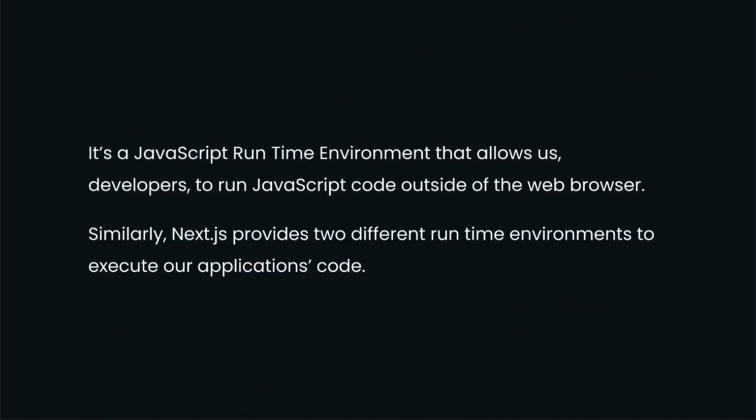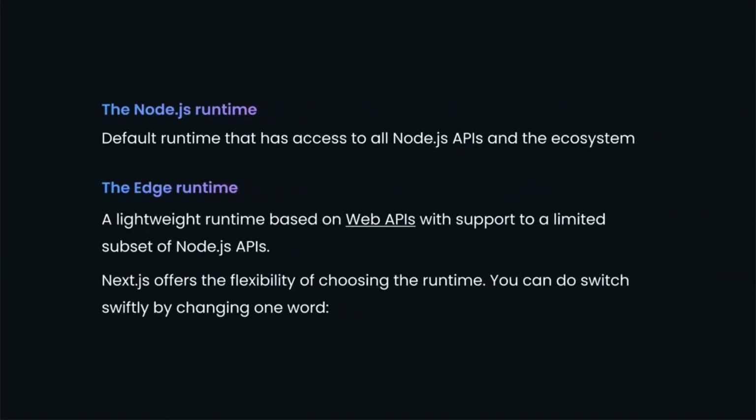Similarly, Next.js provides two different runtime environments to execute our application's code: the Node.js runtime, which is the default runtime that has access to all Node.js APIs in the ecosystem, as well as the Edge runtime, a lightweight runtime based on the web APIs with support to a limited subset of Node.js APIs. Next.js offers the flexibility of choosing the runtime.